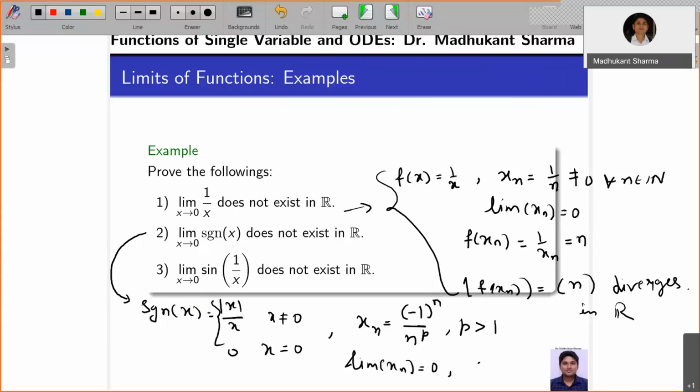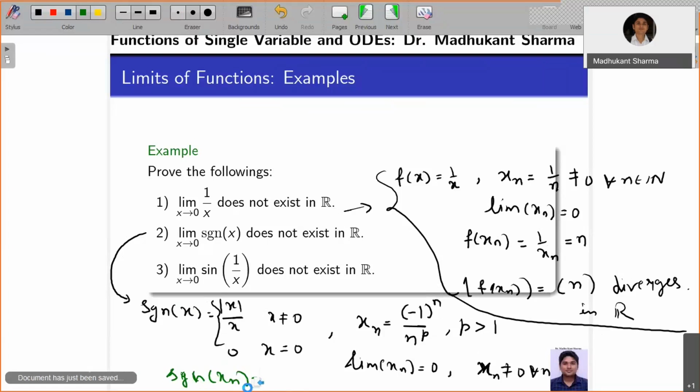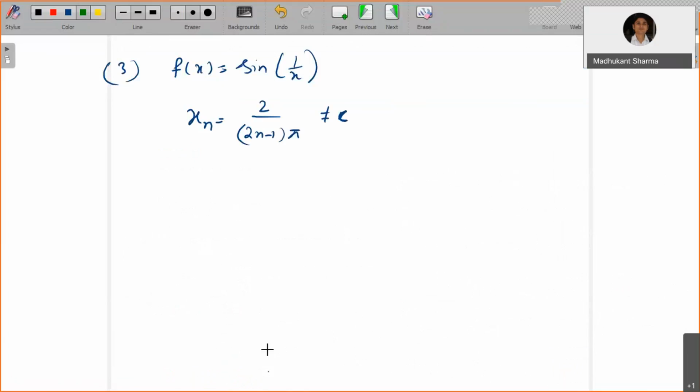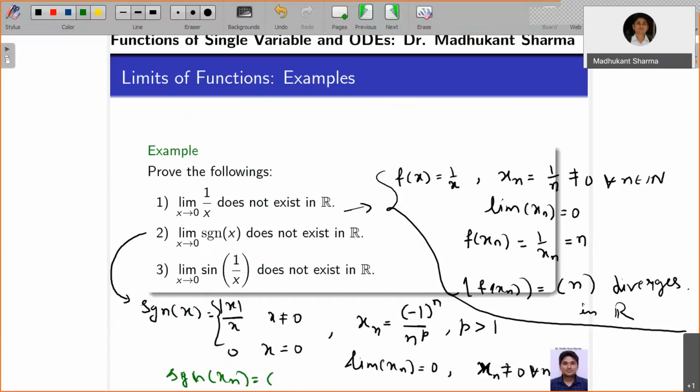Moreover, xn is not equal to 0 for every n. And what is the signum function of xn? You can look at the sequence signum of xn, which is nothing but minus 1 to the power n, an oscillating sequence which also diverges in R. And hence the limit as x tends to 0 of the signum function of x does not exist.